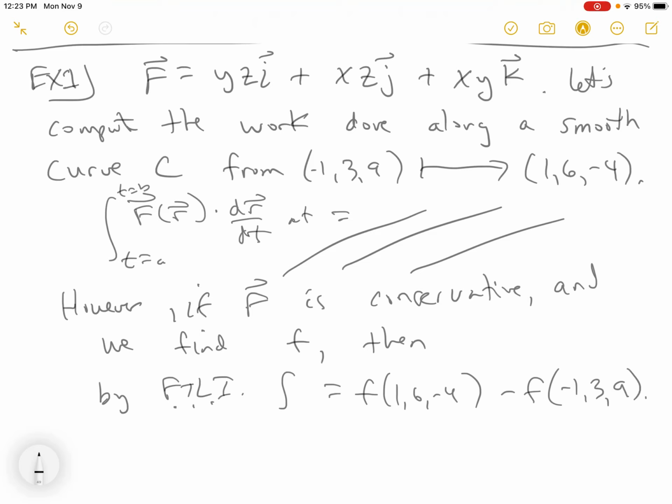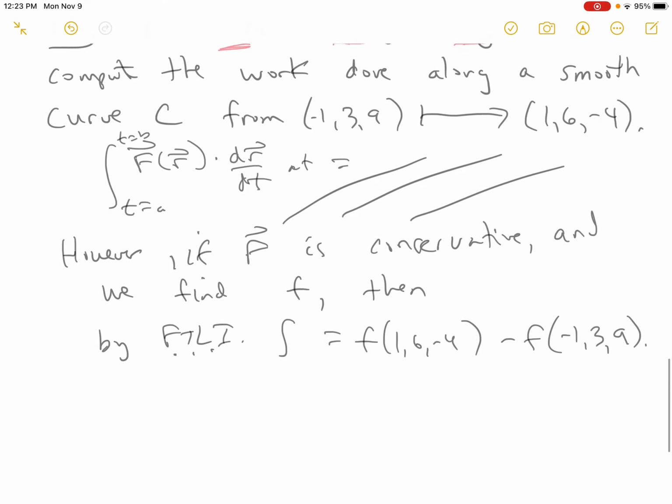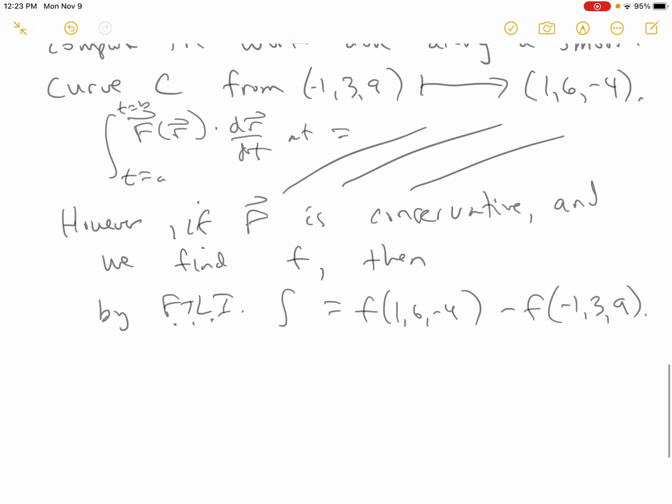Okay. Well, those are derivatives, right? And they all look sort of related. So I'm going to take a big old guess here. I'm going to guess that f of x, y, z is xyz.